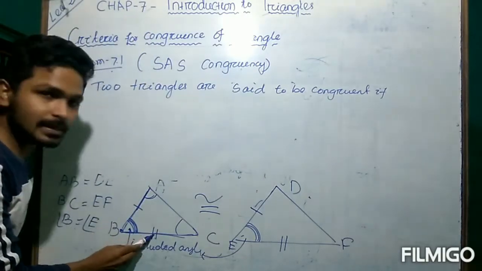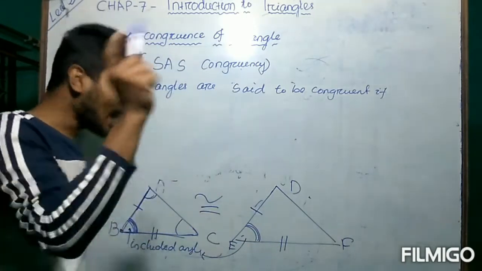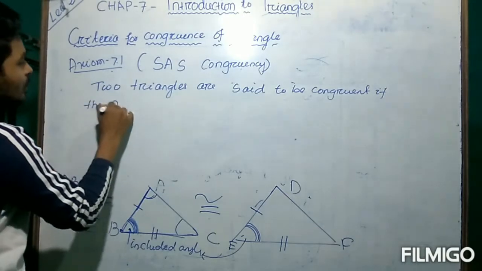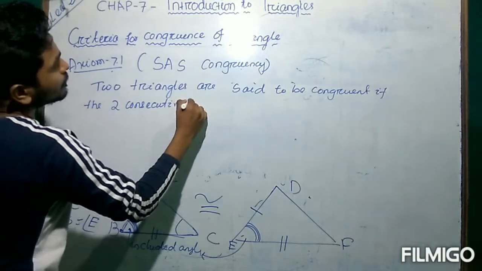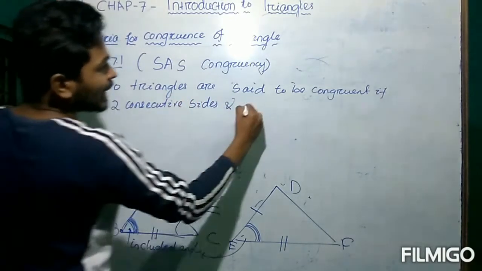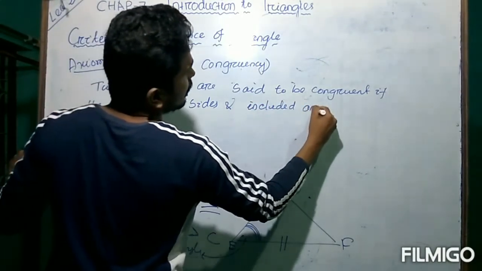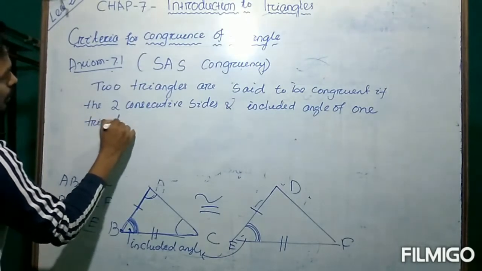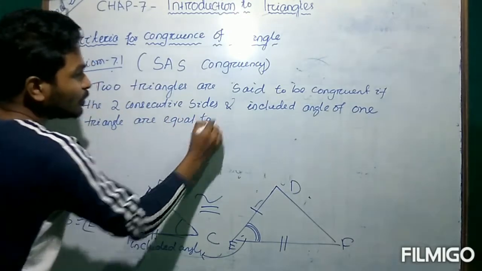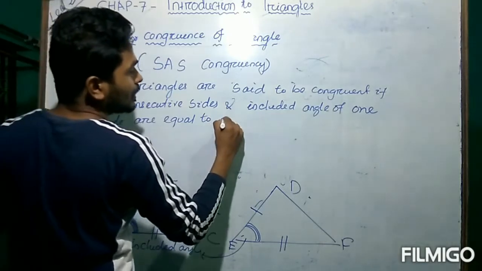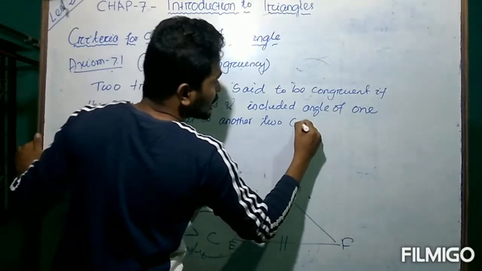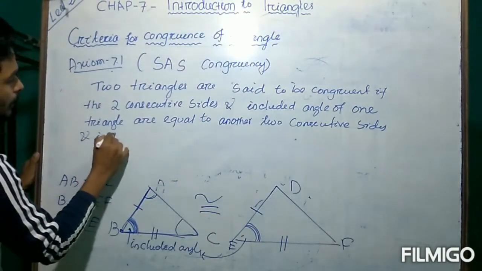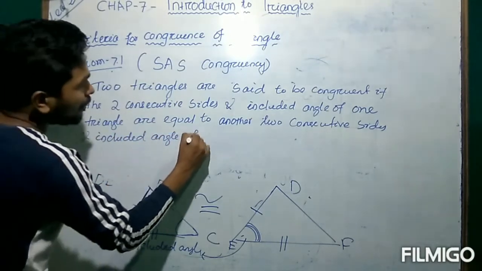If the two consecutive sides and the included angle of one triangle are equal to another triangle's two consecutive sides and the included angle of another triangle.